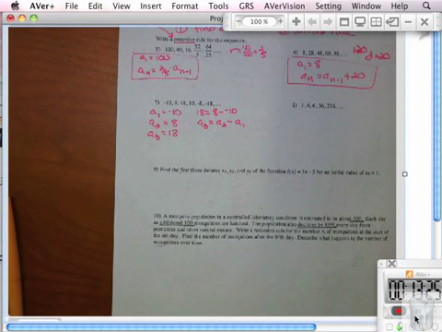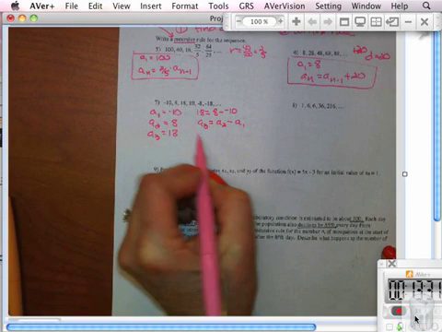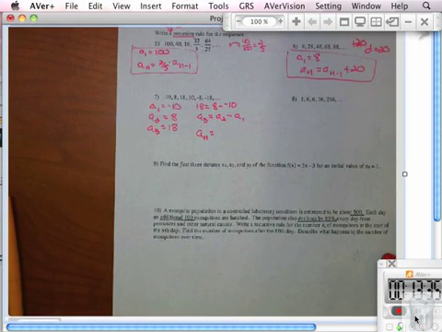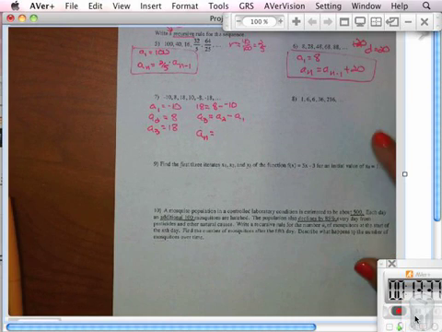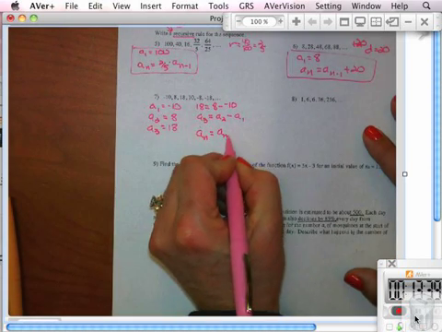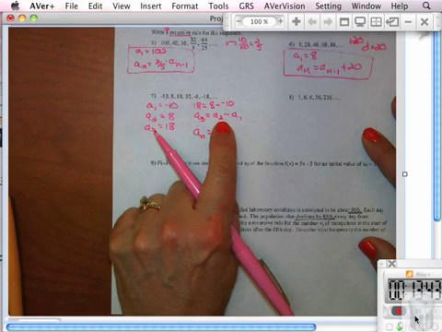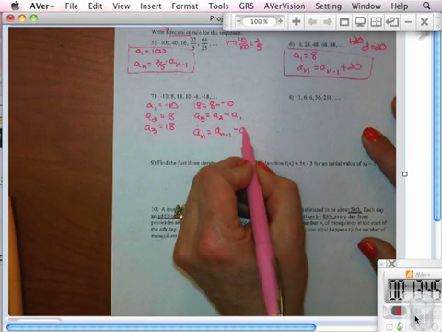I'm going to translate that now into a general function. I'm going to say that means that my a sub n is equal to a sub n minus 1. See how we went 3, 2 here? And then minus a sub what?